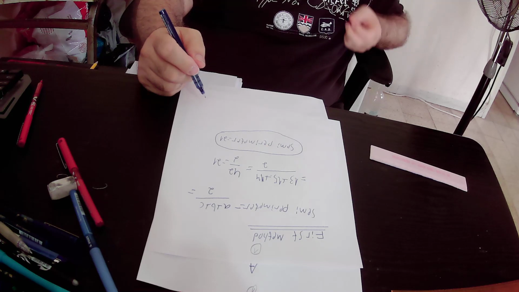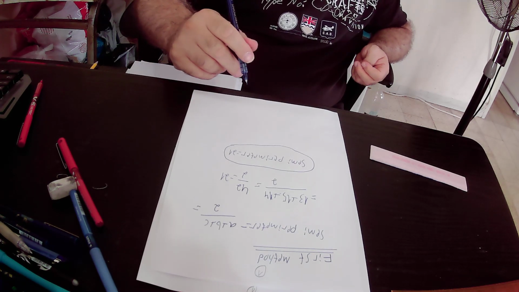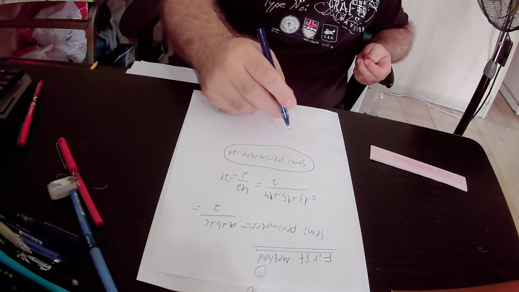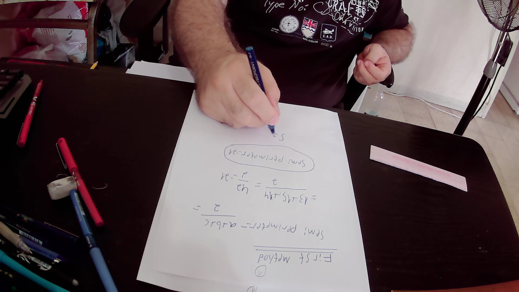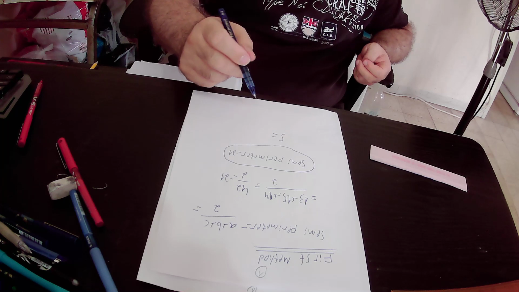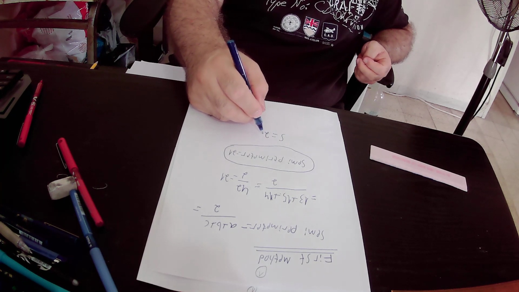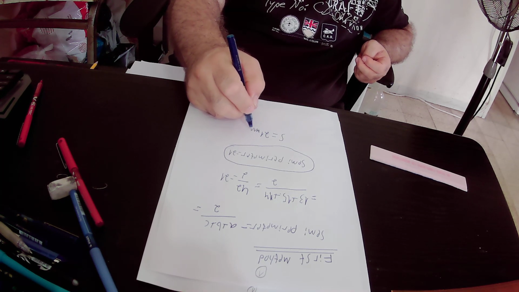We will define the semi-perimeter by the letter S. S is the abbreviation of semi-perimeter, so S equals 21 units. That is to say, the semi-perimeter of triangle ABC equals 21 units.